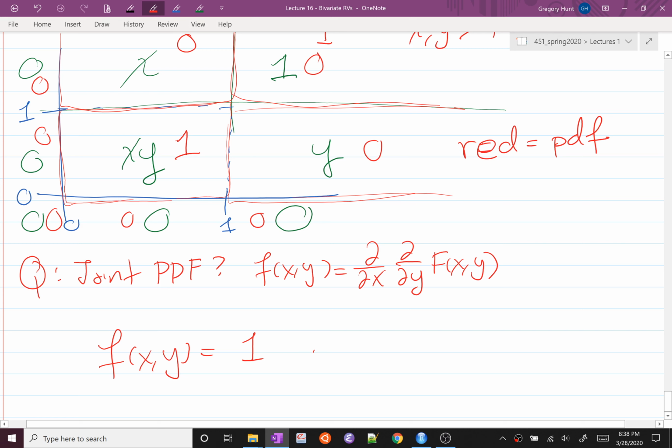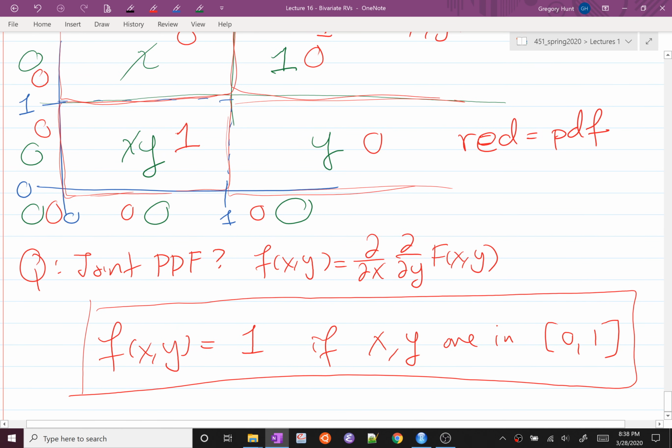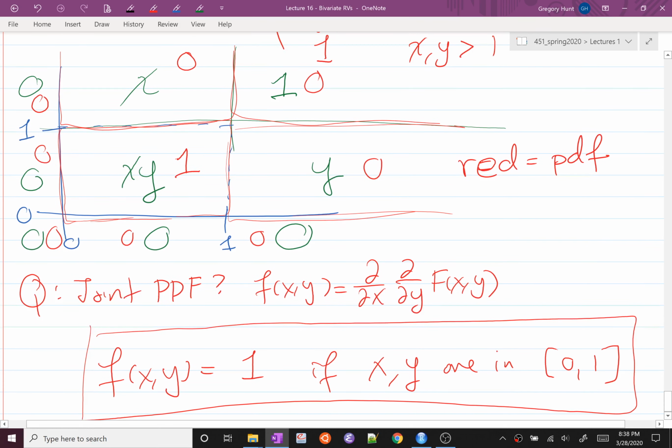It's just 1 if x and y are both in the interval 0 to 1, and it's 0 everywhere else. So this is basically a uniform distribution, now instead of over an interval, it's over the unit square here. It's 0 everywhere in red here, and it's 1 in this square.